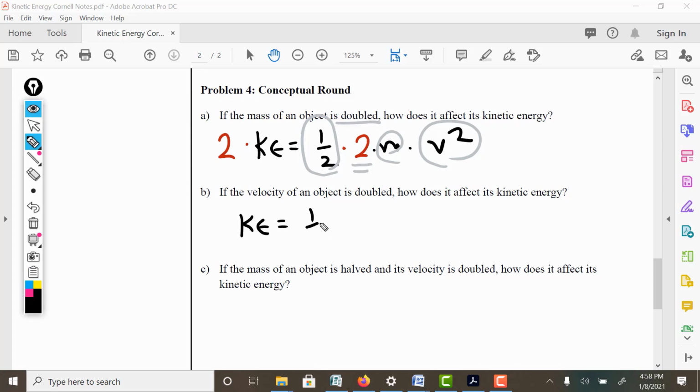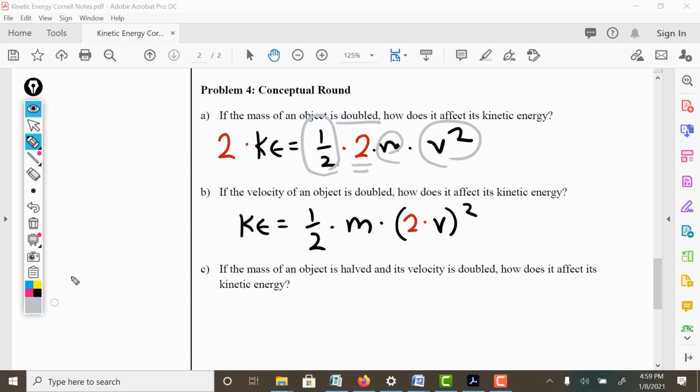Let's try this again. What if this time, however, I doubled the velocity? Does it end up doubling the kinetic energy? Well, if we take into account that this is being squared, right, this essentially means that each of these gets a second power.